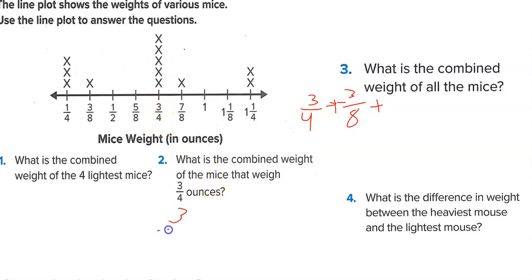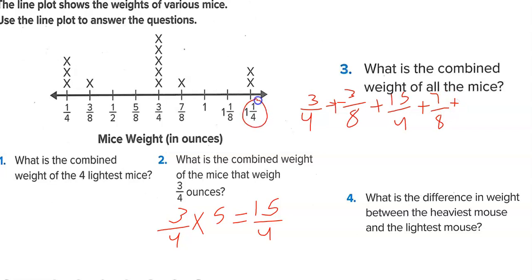You remember? 3 times 5 equals 15/4. Okay, so 15/4 plus. Here we have only one 7/8. 7/8 plus, and here 1 and 1/4 repeated 2 times.